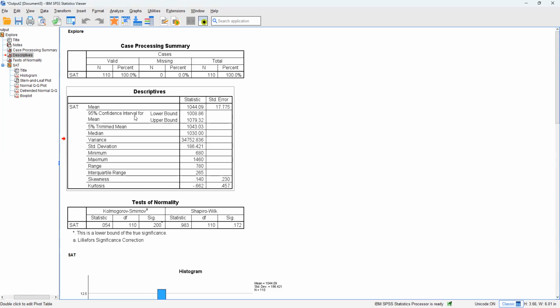And this basically says if we had measured all Judson freshmen of this particular year, the actual average SAT score was expected to be between 1,008 and 1,079. Okay, so this just accounts for sampling error.